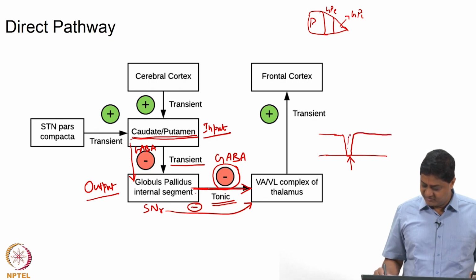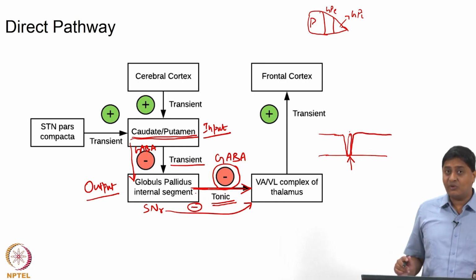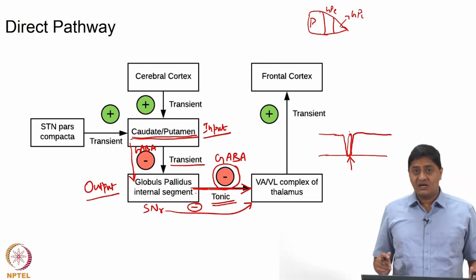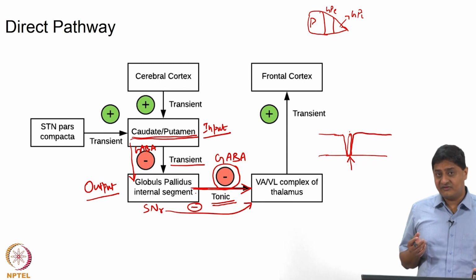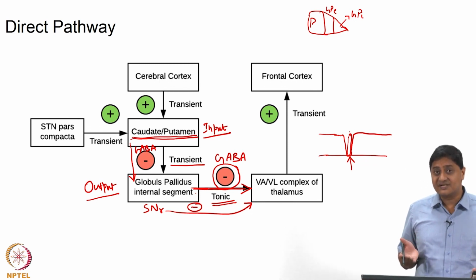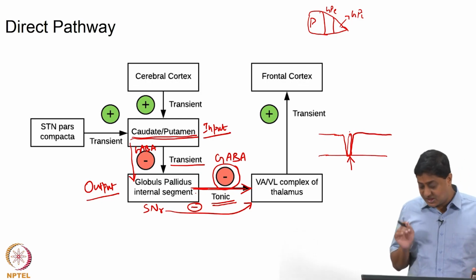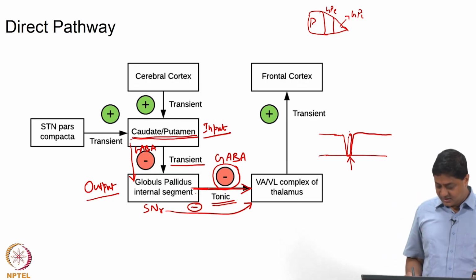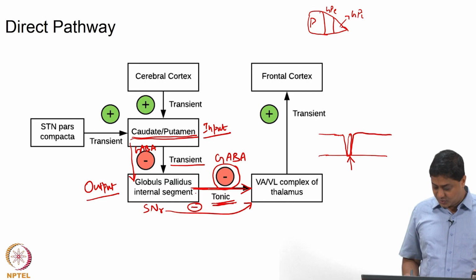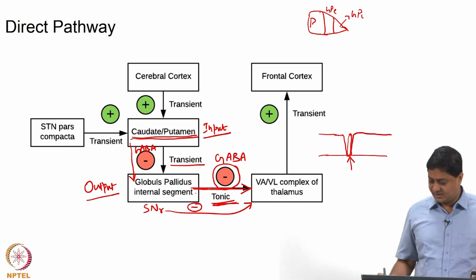So, during this brief period, the excitation levels of the thalamocortical neurons increase, or the probability that they will get excited is higher because they are not getting tonically inhibited. Essentially you have an inhibition that is tonic, and that tonic inhibition itself is transiently inhibited.